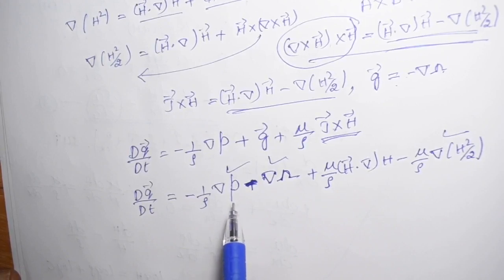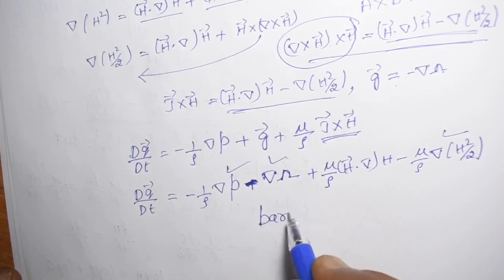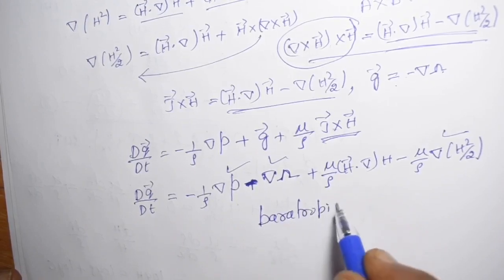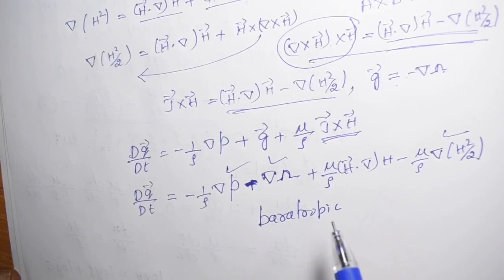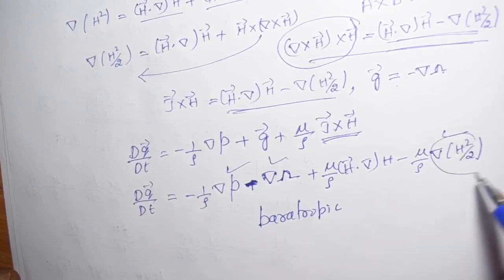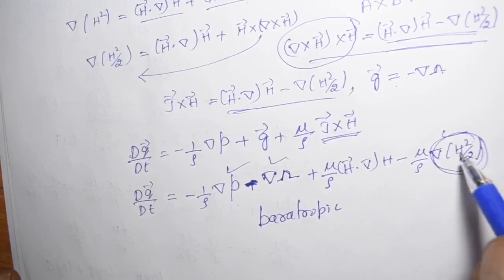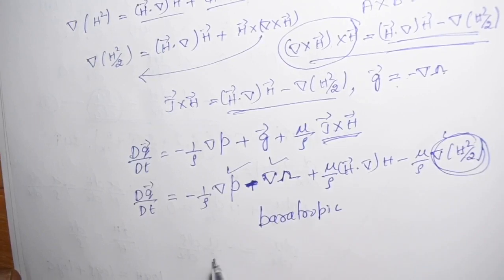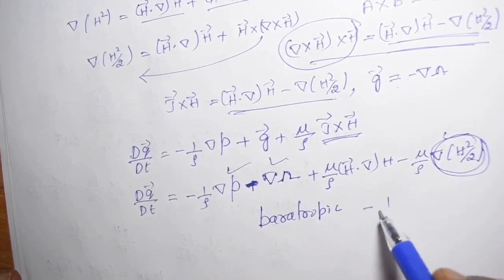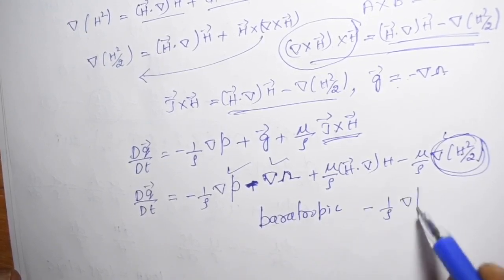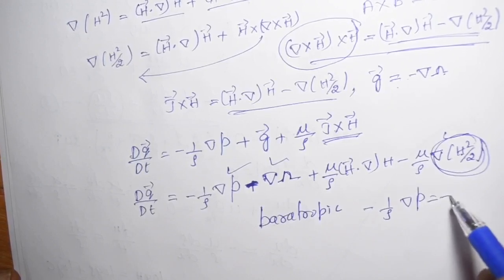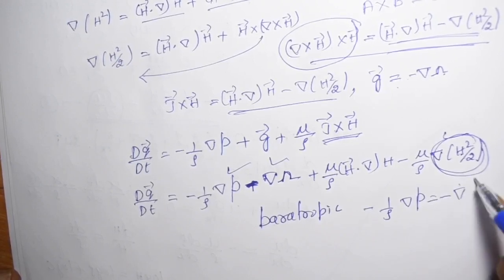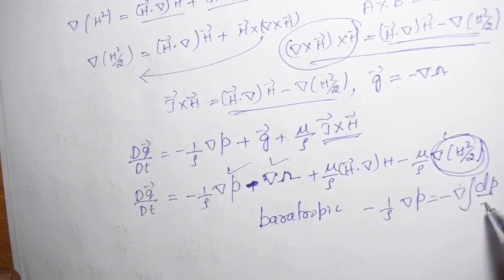That's why you have to take the condition that the flow is barotropic. Barotropic means pressure is a function of density, and the frozen-in flow condition we just proved means the magnetic field is a function of density. So you can write minus 1 by rho into gradient of P as minus gradient of the integral of dP by rho.